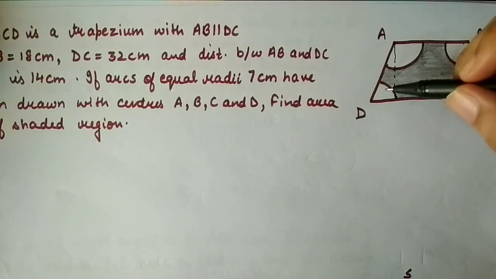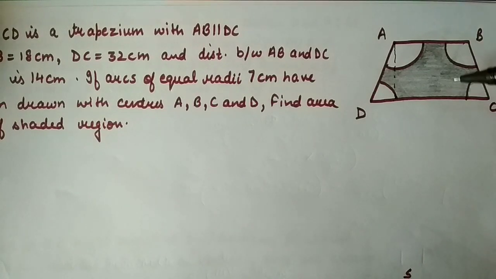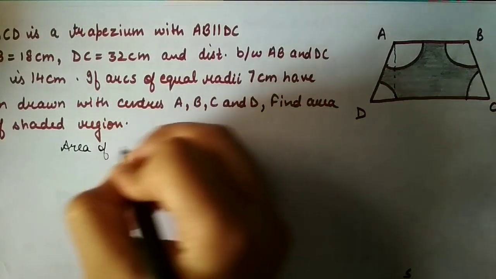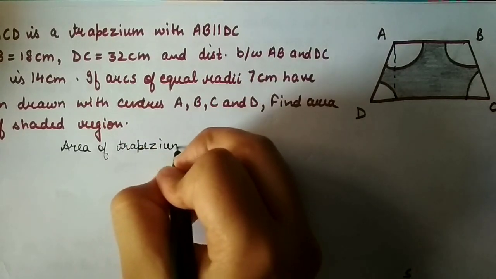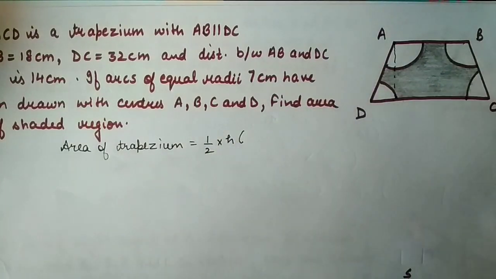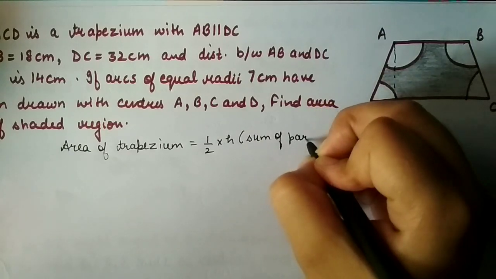So clearly it is visible that area of shaded region is area of trapezium ABCD minus area of these arcs or these sectors. Okay, so now what is the formula for finding area of trapezium? Area of trapezium is given by half into height into sum of parallel sides.